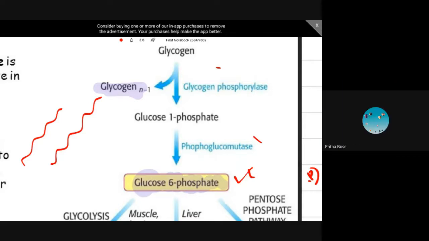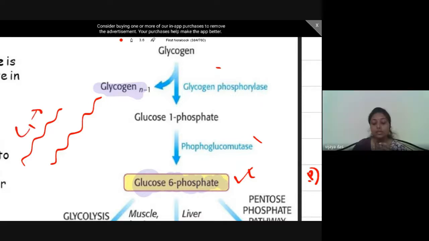Branched. Which means there will be C1-C4 linkages, and then the chains will again combine with the help of the C1-C6 bond.